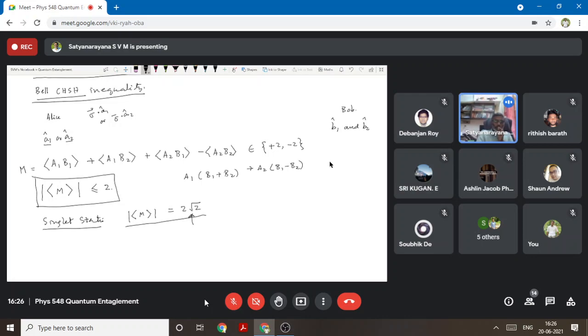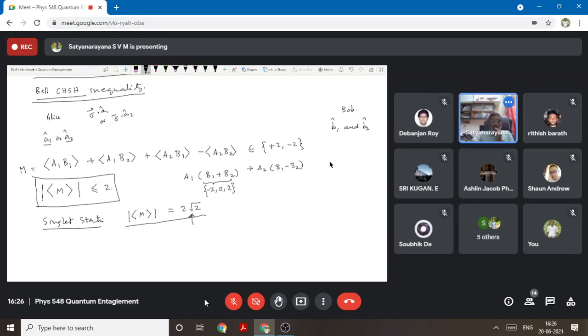Okay, so if you do that, then what happens? See, b1 can be 1, b2 can be 1. So when both are 1 it is 2, when both are minus 1 it is minus 2, and when one is plus 1 and one is minus 1, it is 0. So these are the values that b1 plus b2 can take. And a1 can take plus 1, and if it is minus 1 it will simply be reversed.